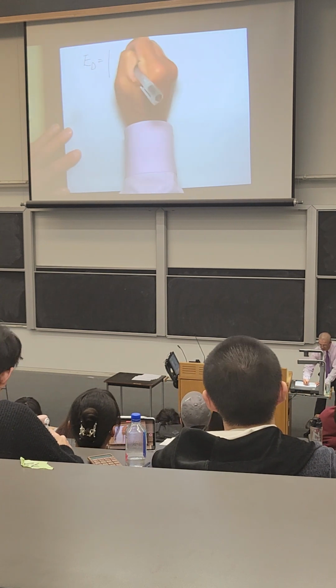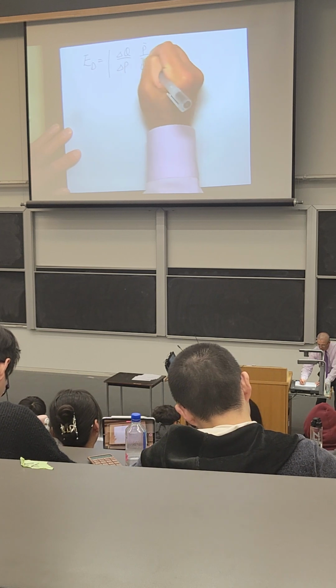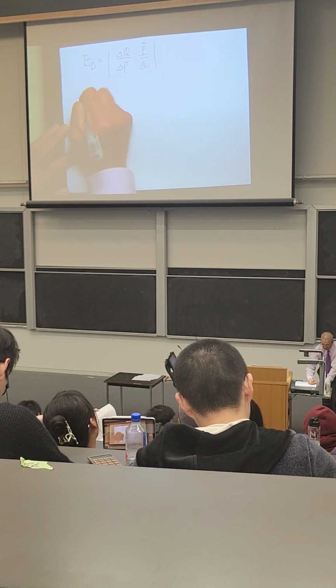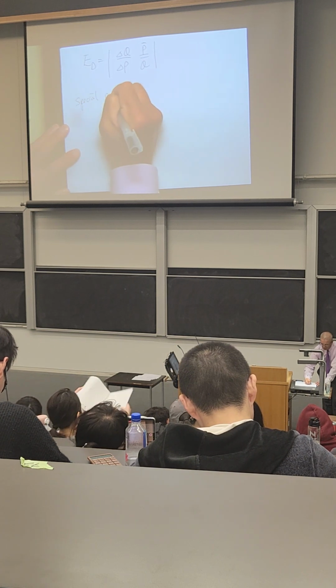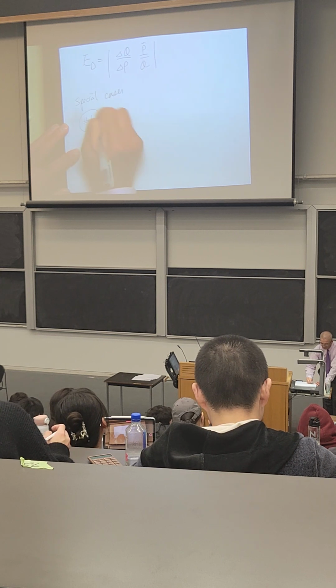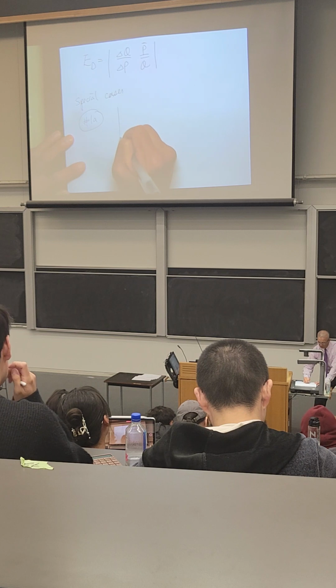So, the demand elasticity is change in Q over change in P, times P bar over Q bar. Special cases. 1A: the demand curve is horizontal.